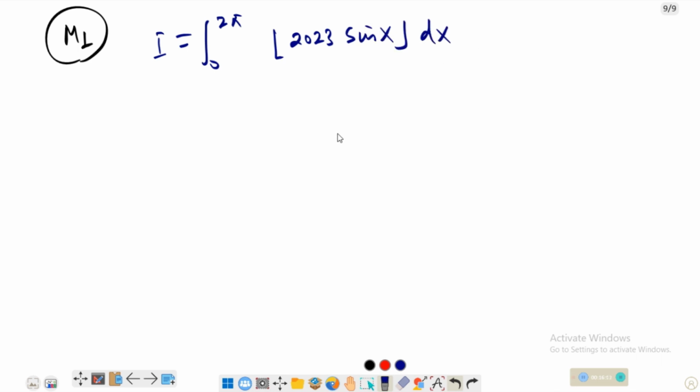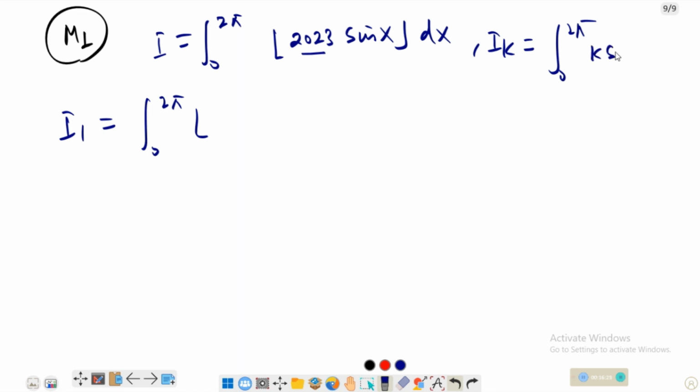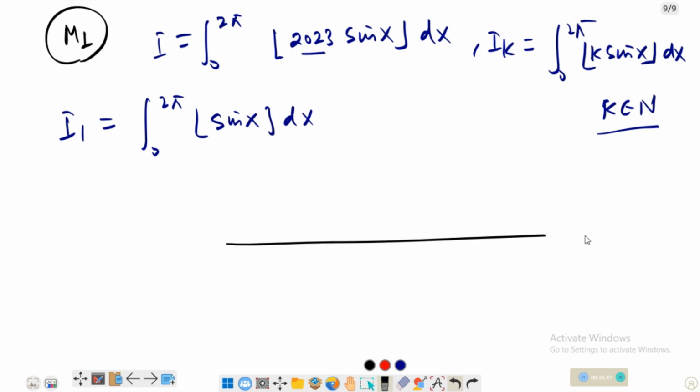So if we solve like this, I assume I_k is the integral from 0 to 2 pi of the greatest integer of k sin x dx, where k belongs to the integers. So I1 is the integral of the greatest integer of sin x dx. So the graph of sin x is like that.